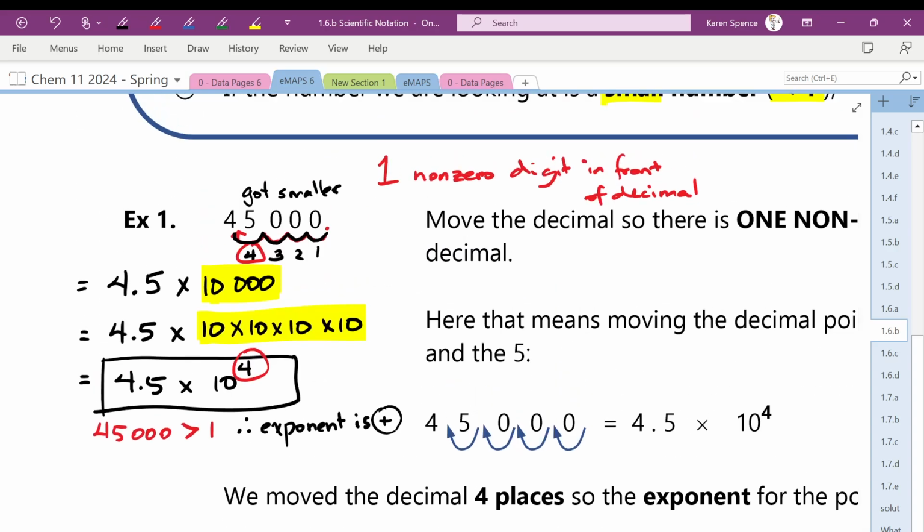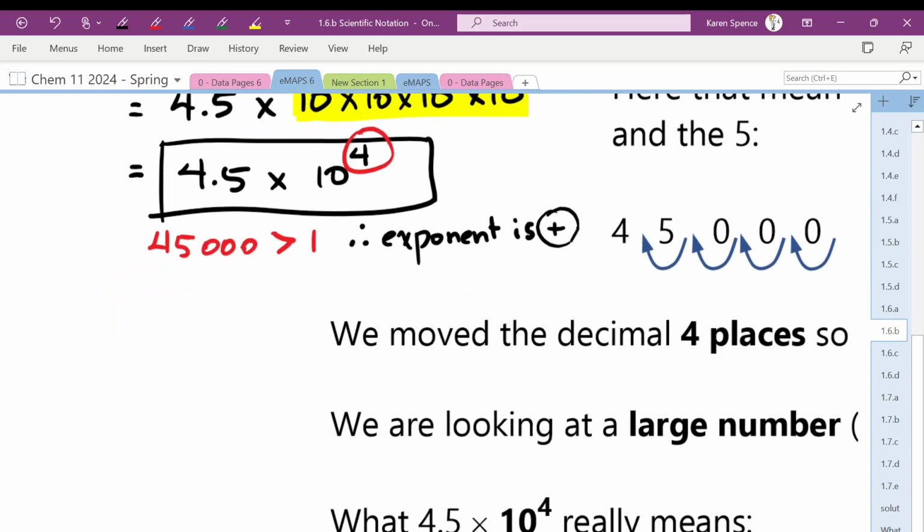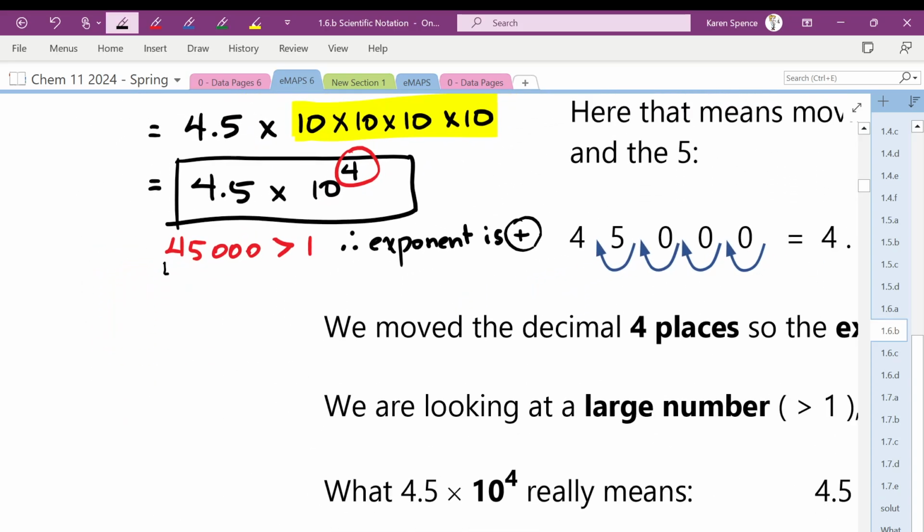Now we need to look at significant figures. Remember we had 45,000. How many sig figs in 45,000? 2. Because remember, zeros on the right do not count if there is no decimal. So there's 2 sig figs.